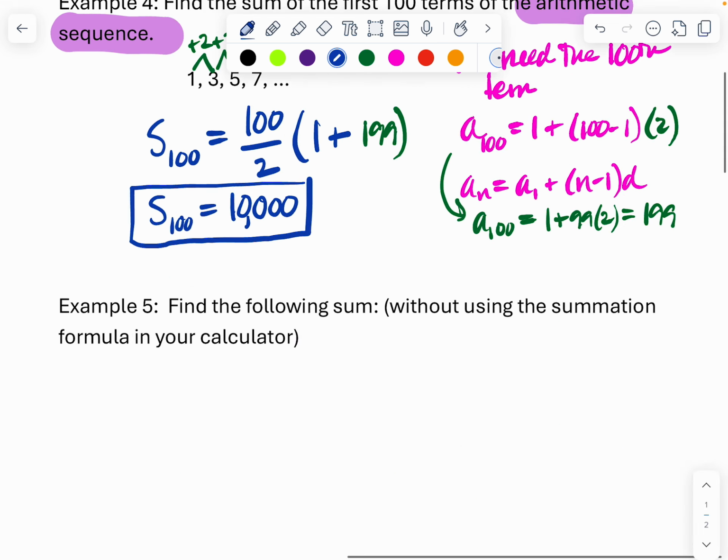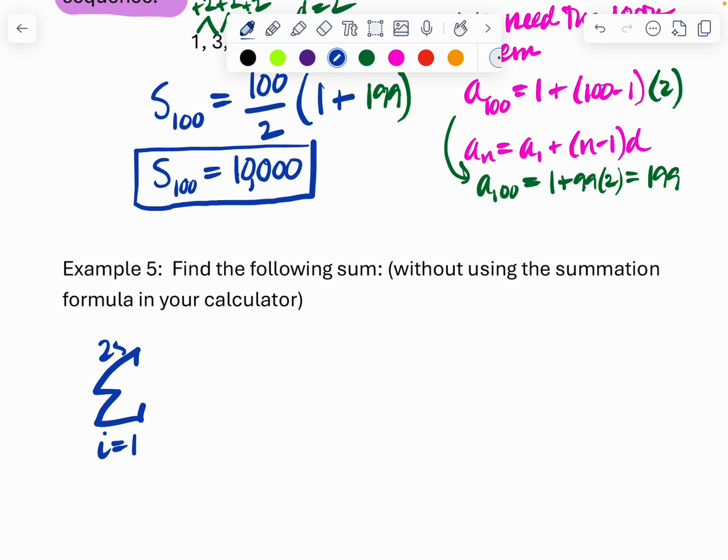All right, the last example here says to find the following sum. I'm going to give it to you using summation notation, but we're going to do it without using the summation formula in the calculator. So we're finding the sum of the first 25 terms of 5i minus 9.